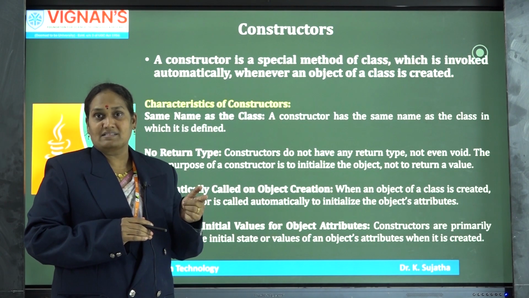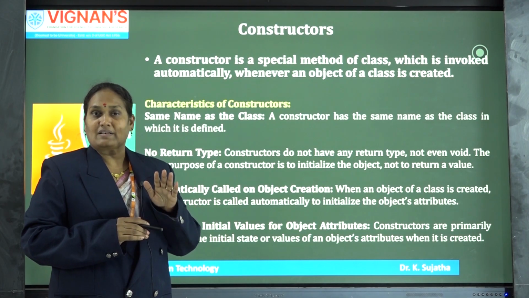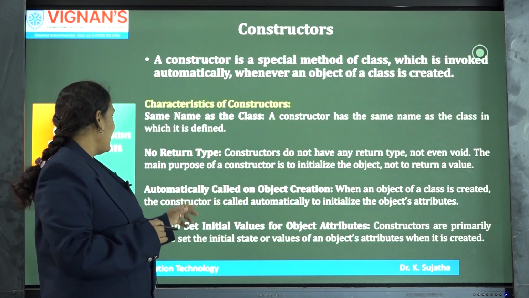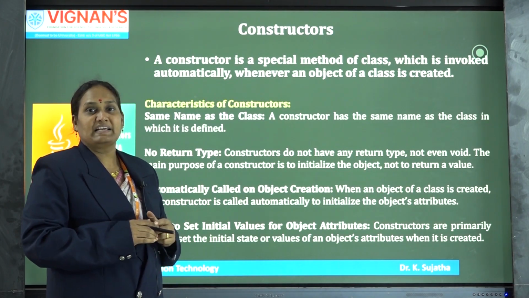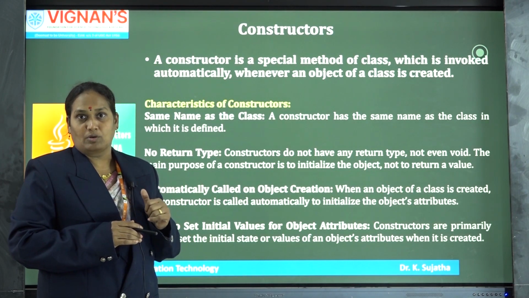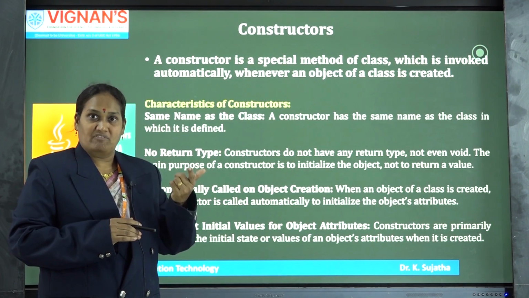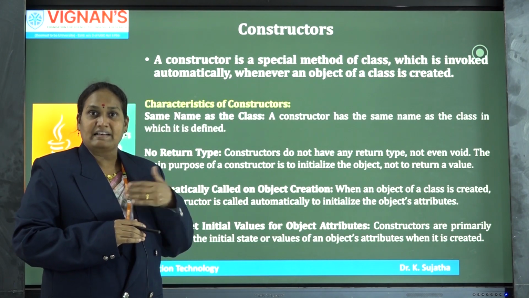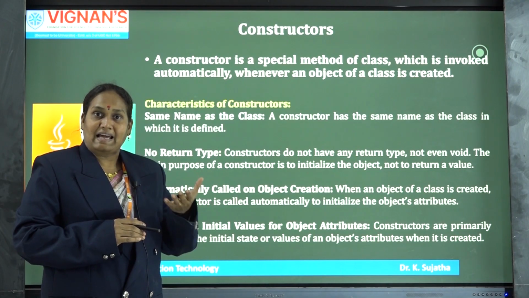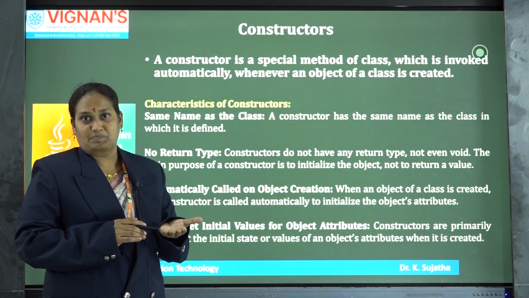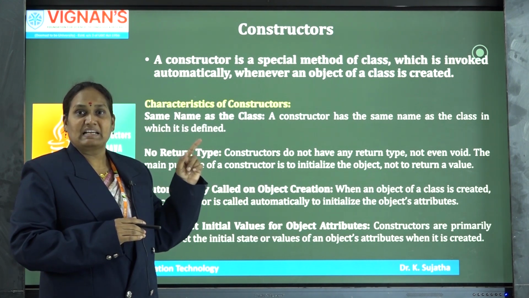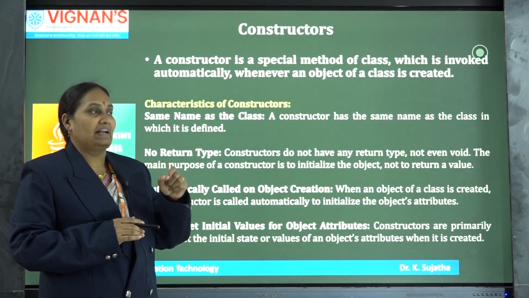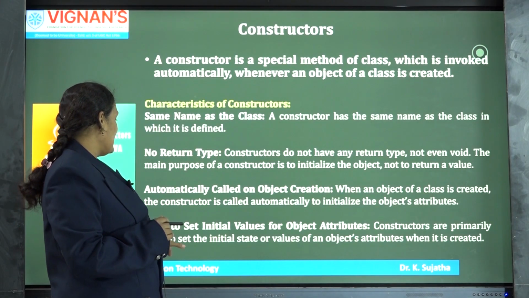A method contains return types, but a constructor doesn't have any return types. Third, it is automatically called when an object is created, which I already told you. If I want to access a method, I need to explicitly access it by creating an object. But a constructor can be automatically invoked whenever an object is created for a class.